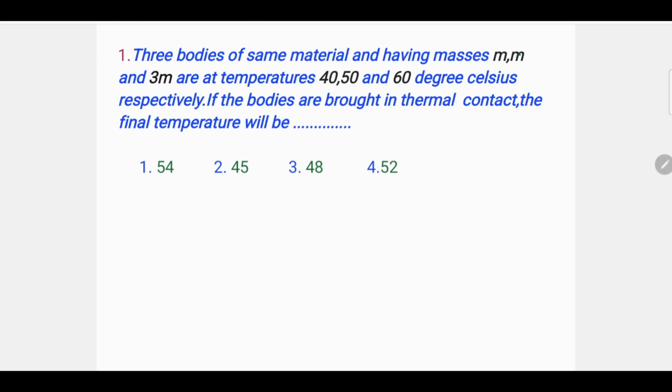In this type of problems, you have to assume that the three bodies get the same final temperature, and assume that all of them absorb heat energy. This is actually a shortcut trick.